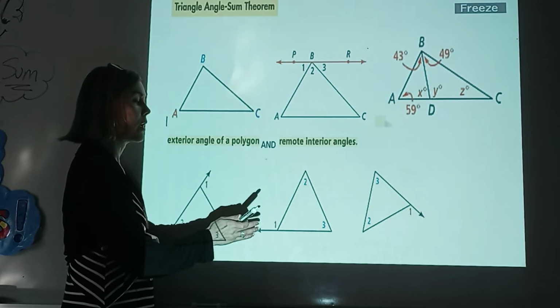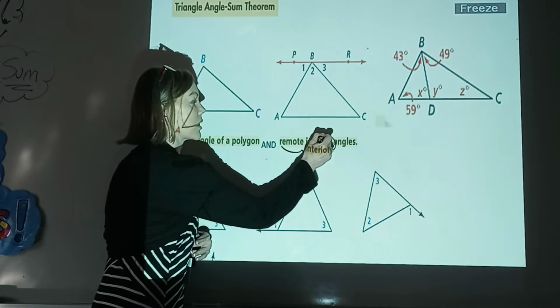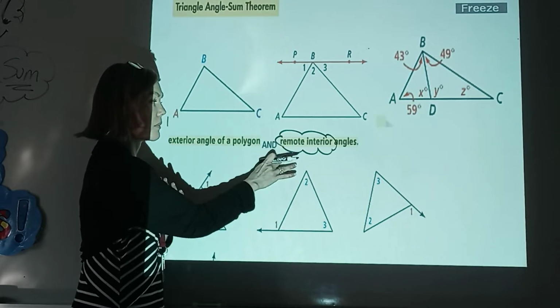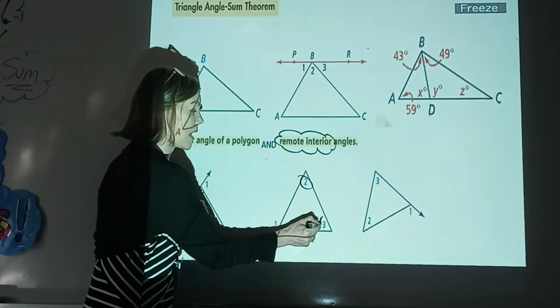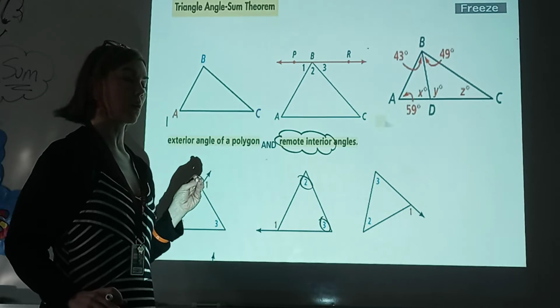What you need to know is that angle 2 and angle 3 are called remote interior angles. So please draw this and make sure you write remote interior angles. Angle 2 and angle 3 are remote interior angles, okay?